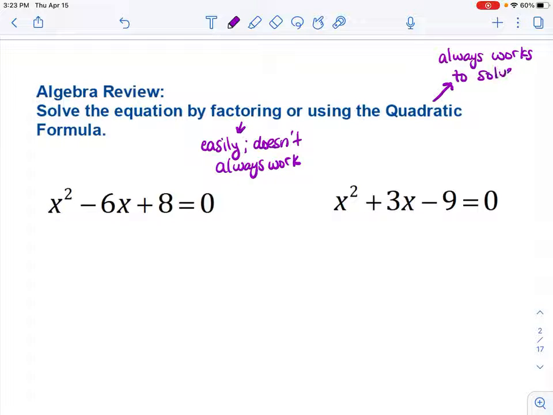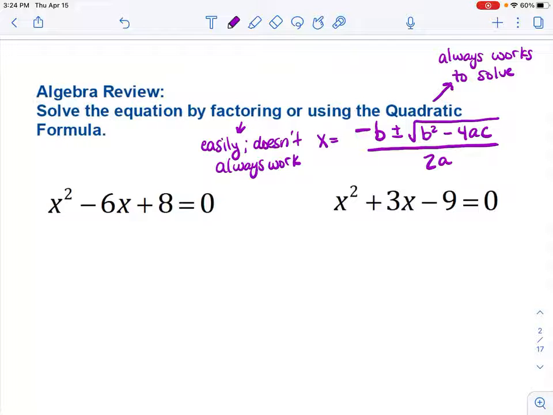There just is usually a little more work that goes along with it. So right up here, I'm going to go ahead and write the quadratic formula as a reference. It is x equals negative b plus or minus radical b squared minus 4 times a times c all over 2a. So that is our quadratic formula.